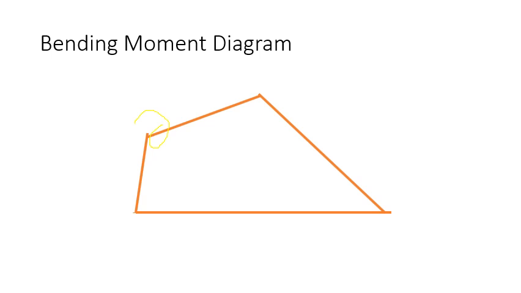RA is 41 into 2, that gives us 82 kilonewton meter.